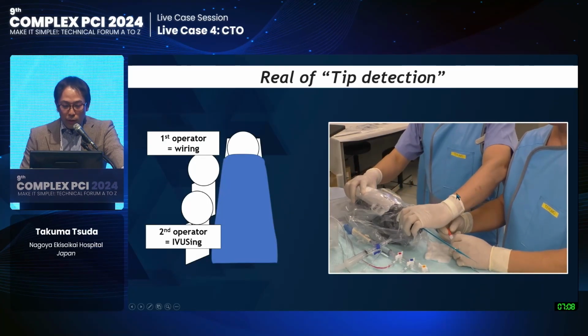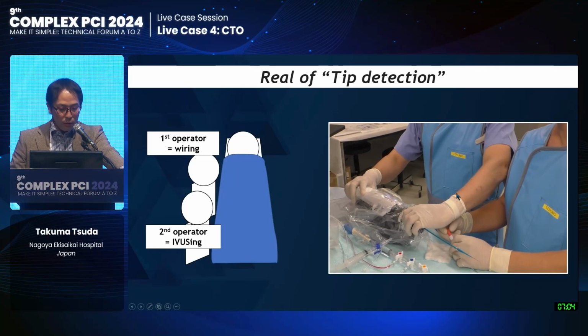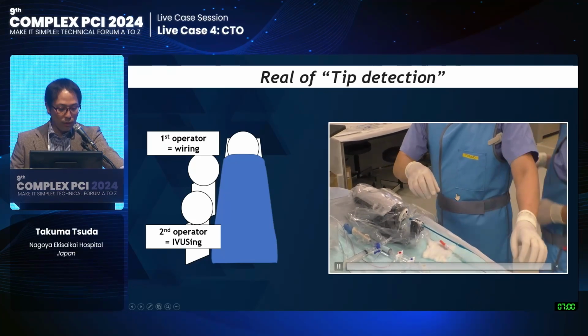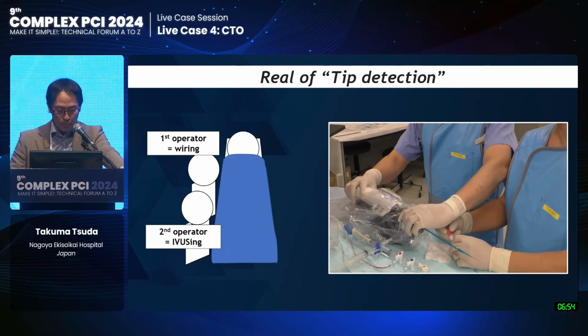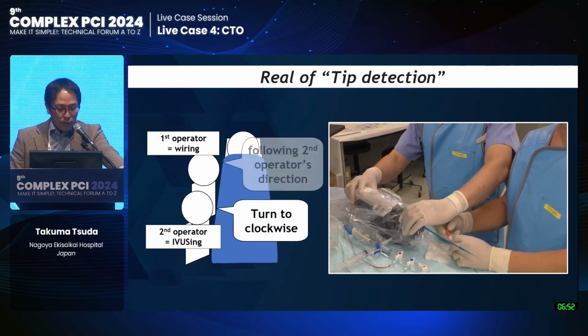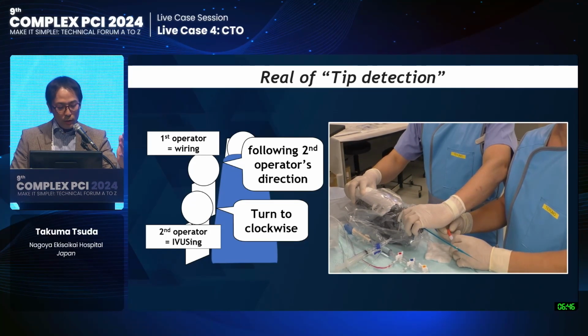So this is the real world of the tip detection. The second operator is controlling the IVUS console in a gentle manner, forward and backward, and suggests to the first operator to turn the direction of the guide wire tip.